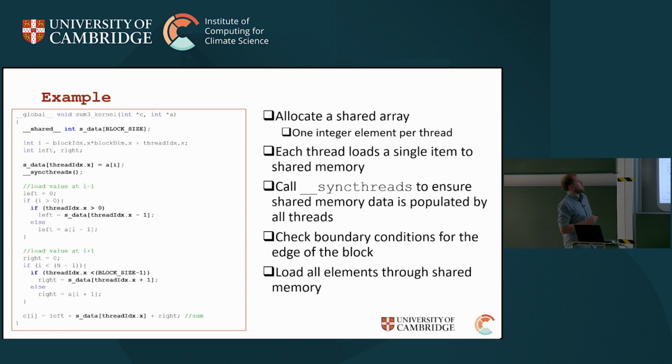But what you can do is, when you declare the shared memory, if you say that it's a pointer, then it becomes dynamic. And you can specify that size as an extra parameter in the kernel launch parameters. So you put block size, grid size, shared memory size, and you can do it dynamically that way. Okay, thank you.